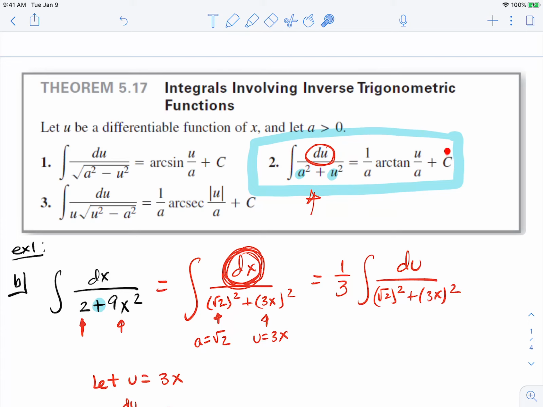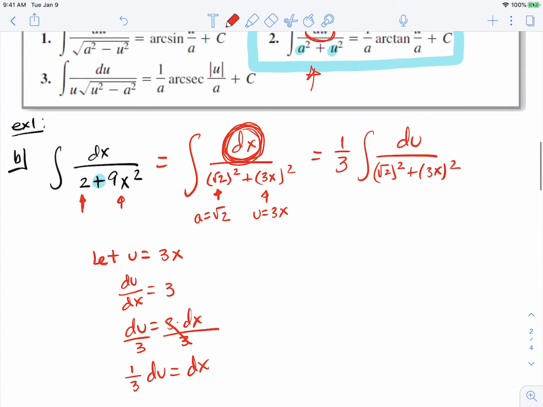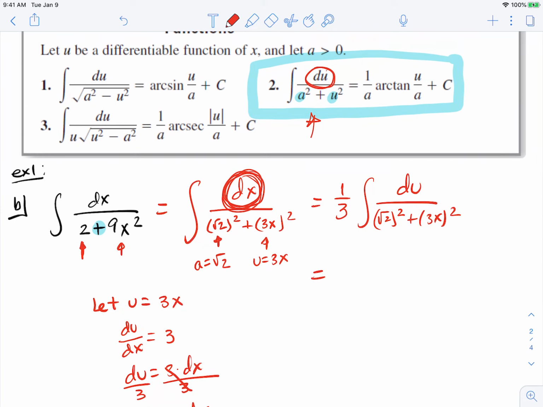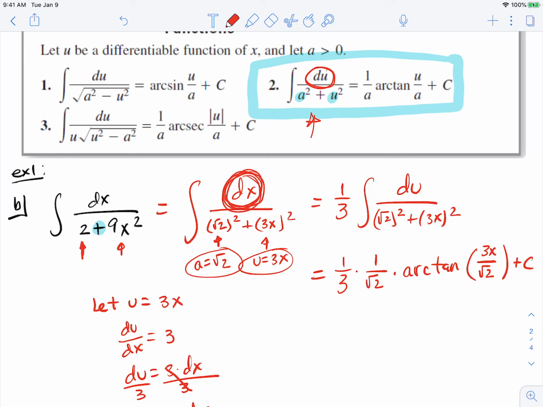And so now let's write the answer out using this part. So it equals 1/3 times 1 over a, our a is root 2, times arc tan of u, which is 3x, over a, which is root 2, plus c.